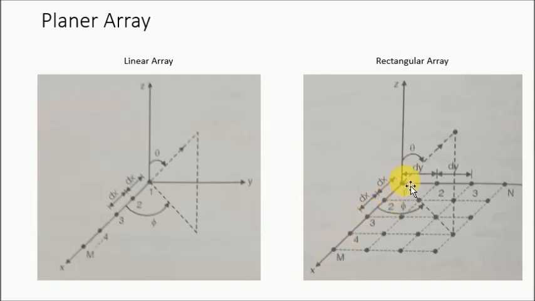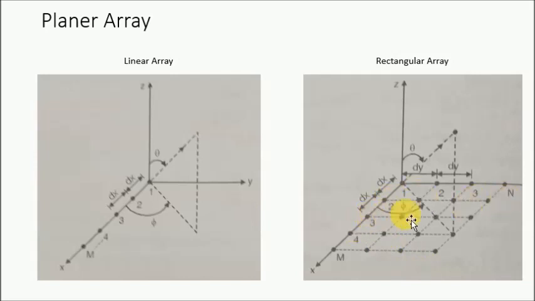Now here you can see 1, 2, 3, 4, 5 elements, and this is the common element, and the spacing is dx. Here 1, 2, 3, 4 elements are there, and the spacing is dy. Now draw the lines which are parallel to x.